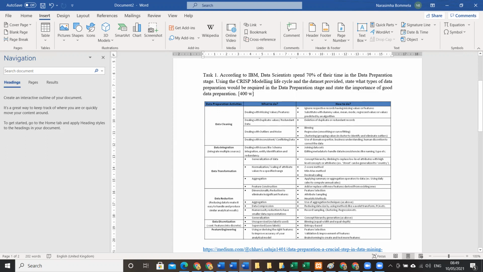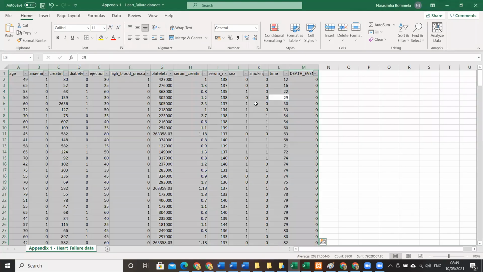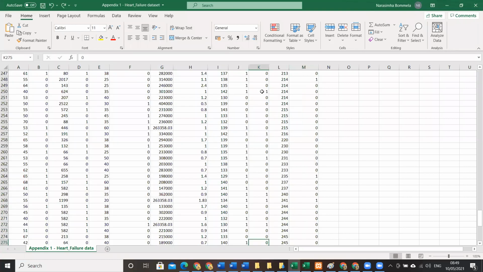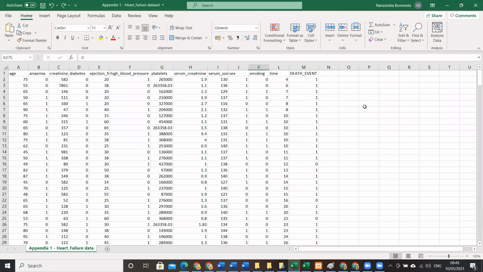For example, this is the data set that is given. It contains various columns like age, anemia, creatine, diabetes, high blood pressure, platelets.